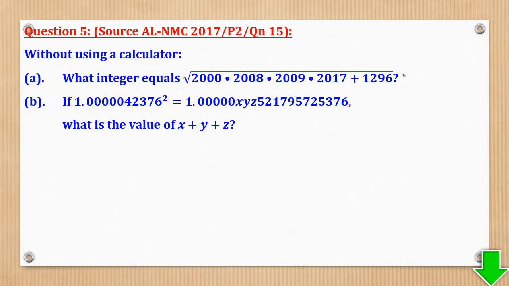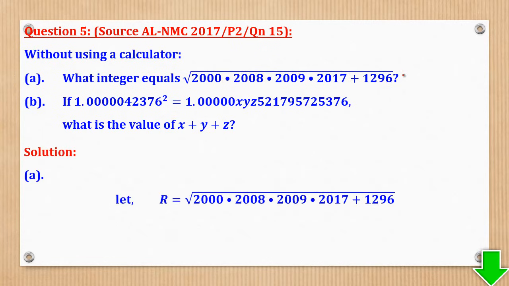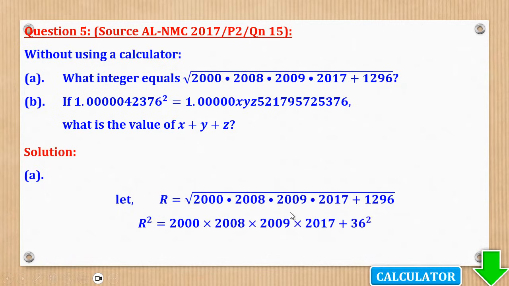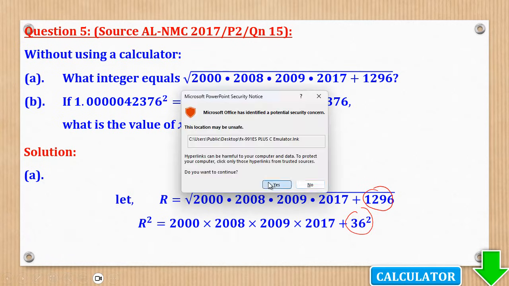So let's begin with part A. Let r be equal to this square root. So when we square both sides, we'll come up with that. So realize that 1296 will be equal to 36 squared. So let's try to see.